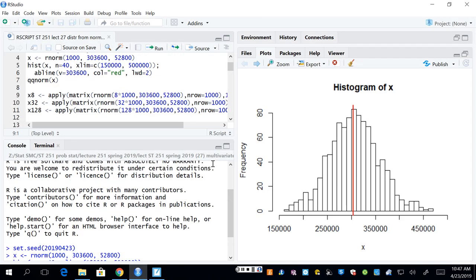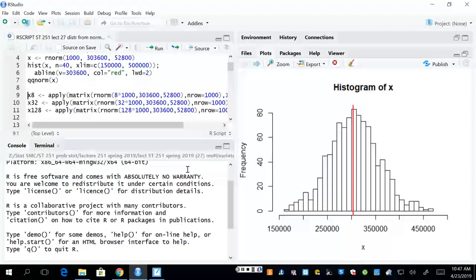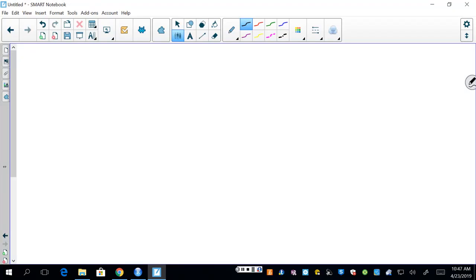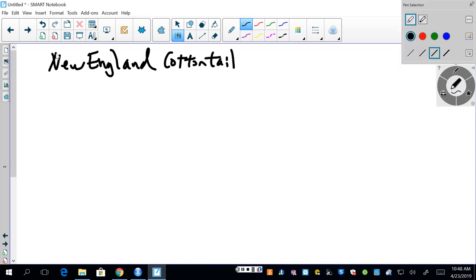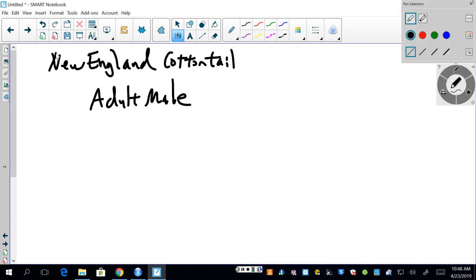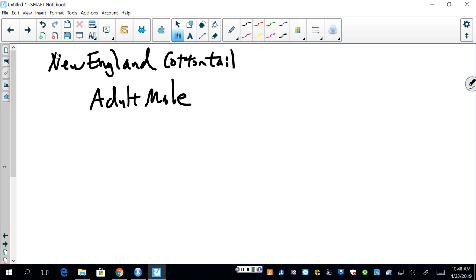Right. So the context for this is just Easter. If you look up the Wikipedia page about rabbits, the New England cottontail rabbit, adult males have a range that is about 1.4 acres on average.